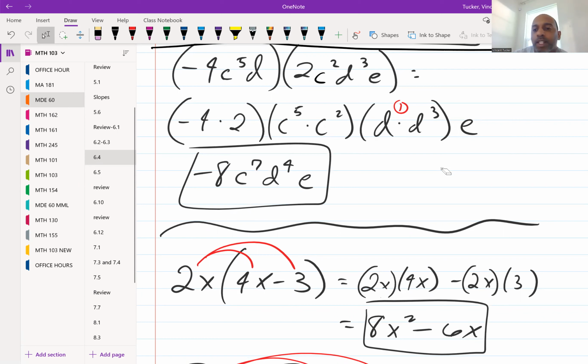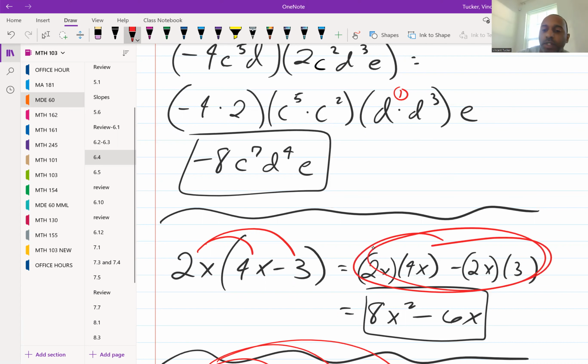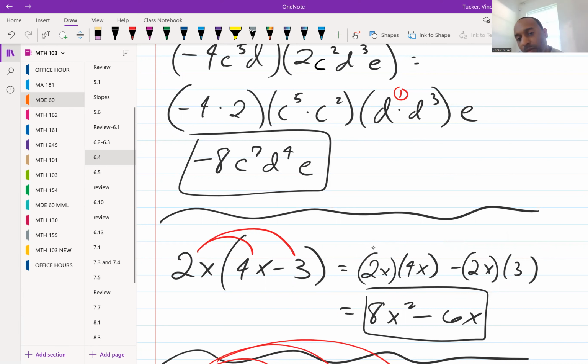Sorry about that, one of your classmates trying to get in. All right, so now we have 2x times 4x minus 3. So you distribute the 2x into the parentheses. So you do 2x times 4x, 2x times 3. So 2x times 4x, 2 times 4 is 8, x times x is x squared.